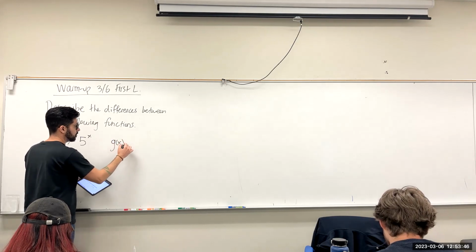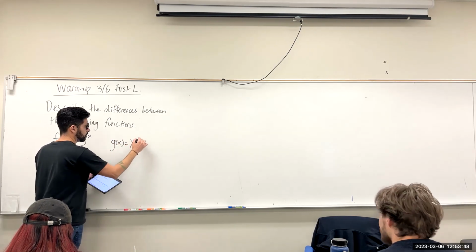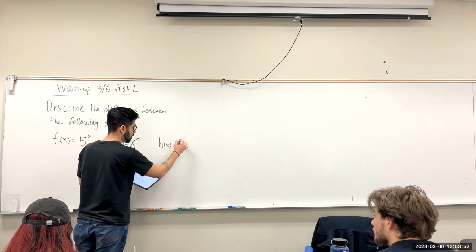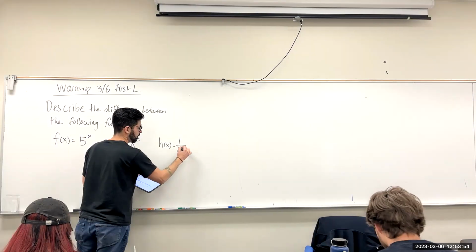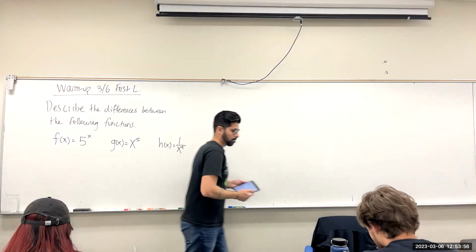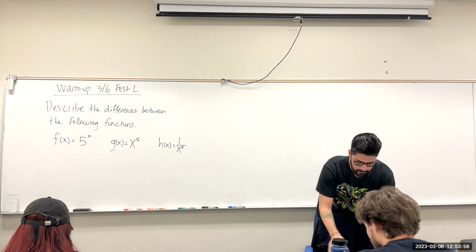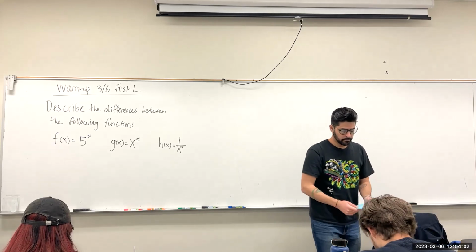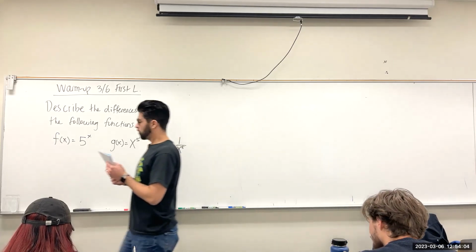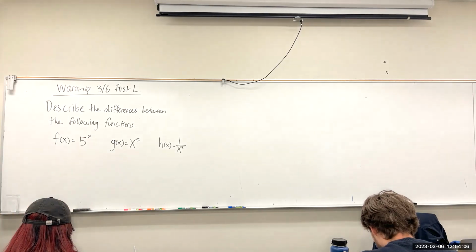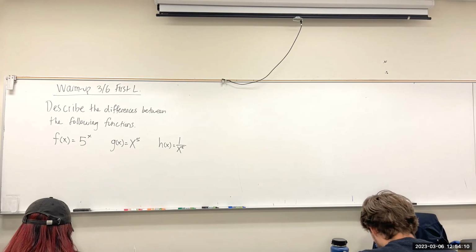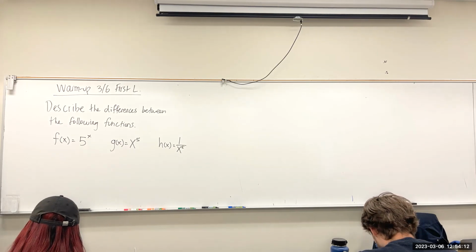We have g of x equals x to the 5th. We have h of x equals 1 over x to the 5th. Try to describe as many differences as you can, so that when I'm walking around, I see what's on your papers.